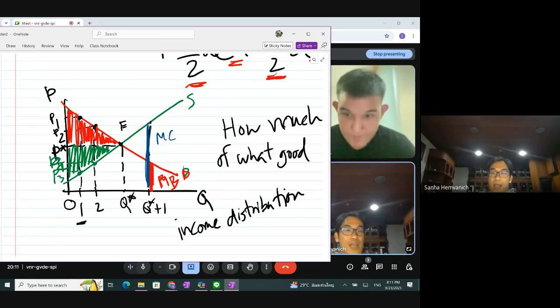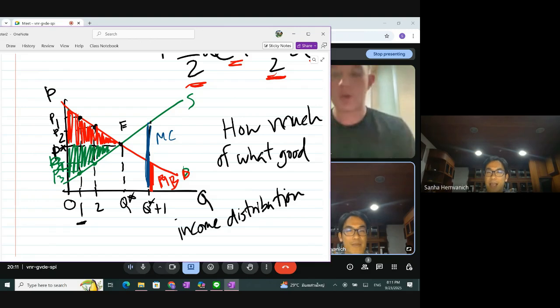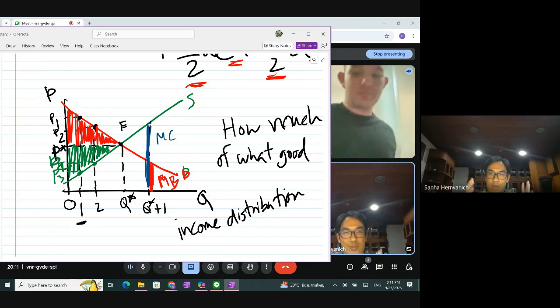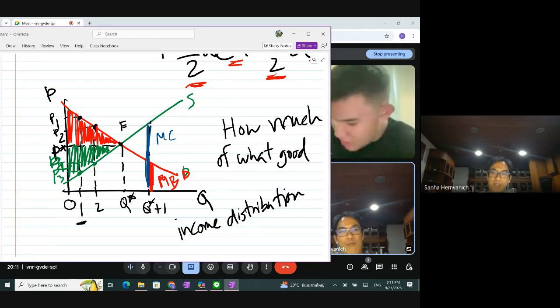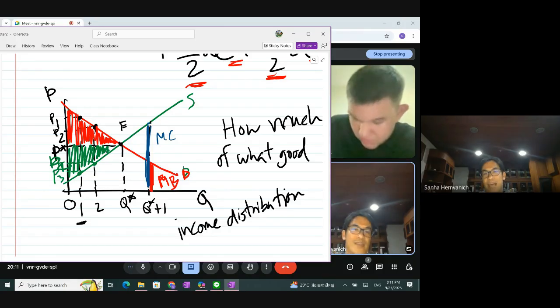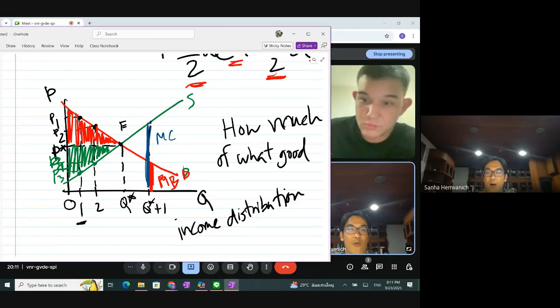We're talking about how much we should spend our limited resources to produce this good. The answer is Q star, and that is what we should produce. But how much of this good of the Q star we should give to person A, and how much we should give to person B, is a different thing.